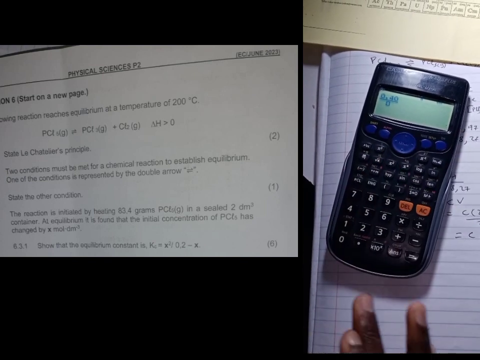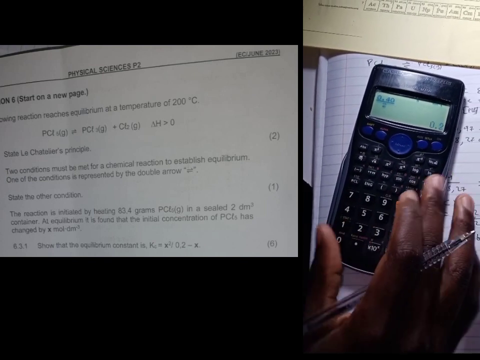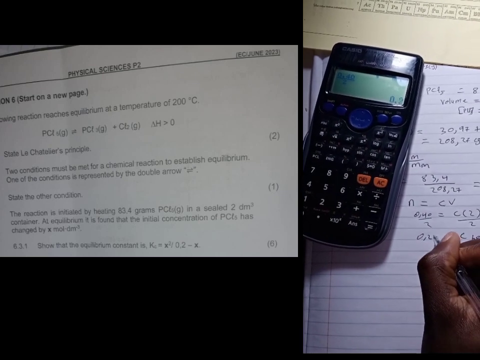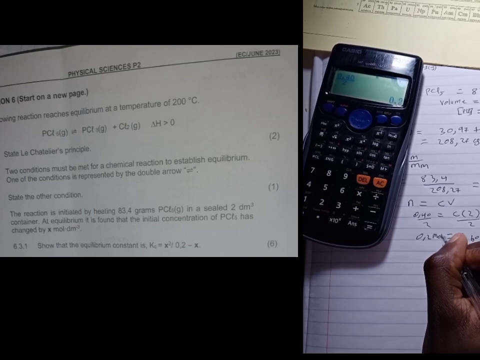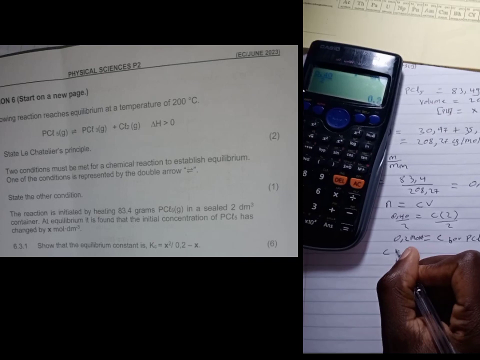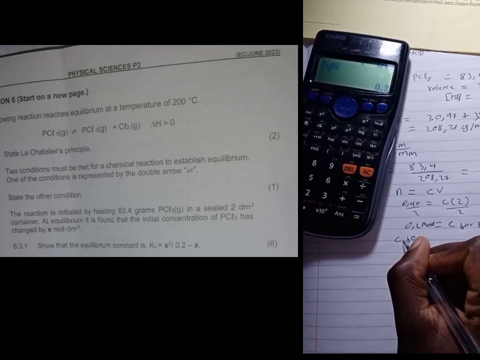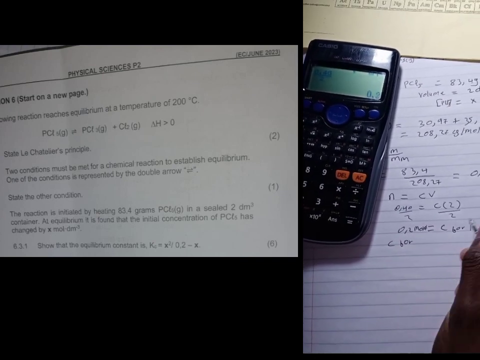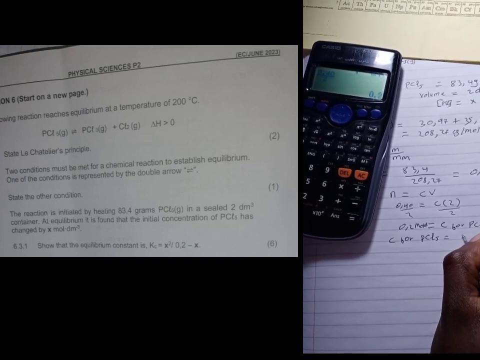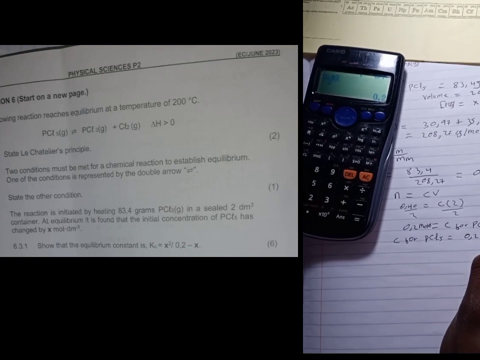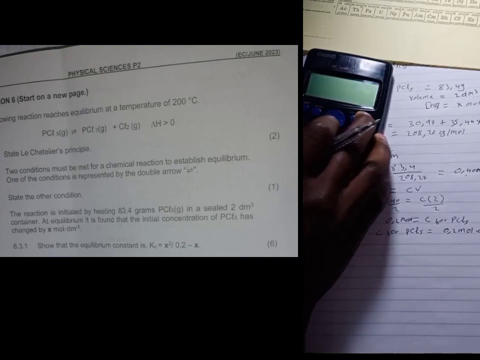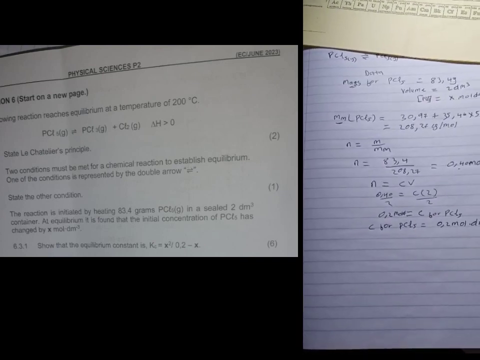So 0.40 divided by 2 is 0.2 mole per dm cube. Concentration for PCl5 is 0.2 mole per dm cube.